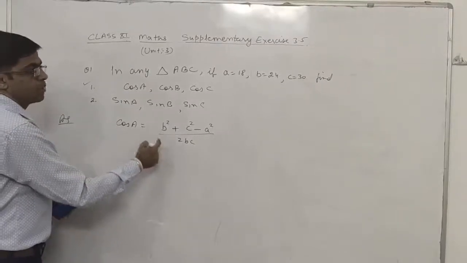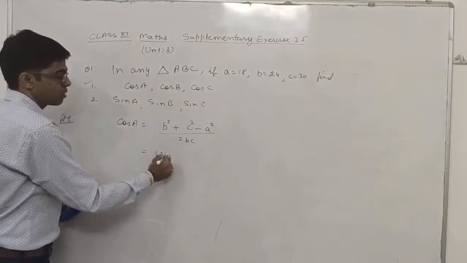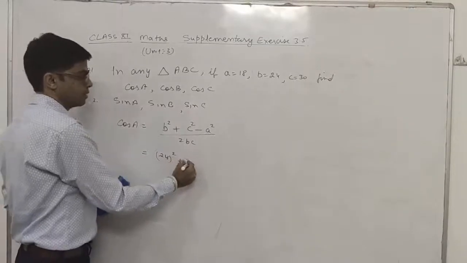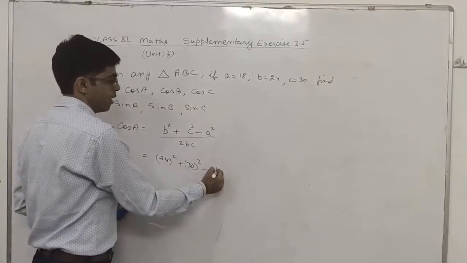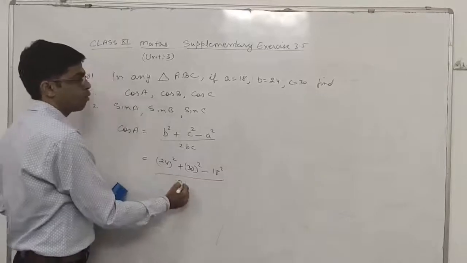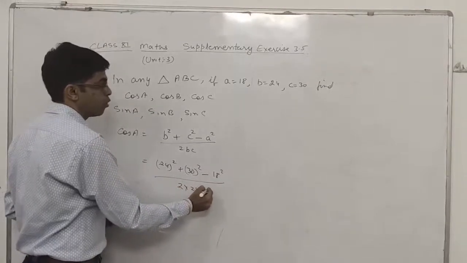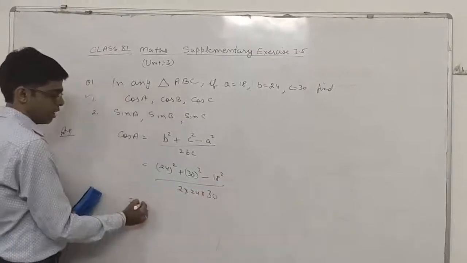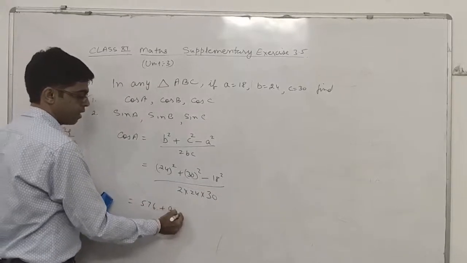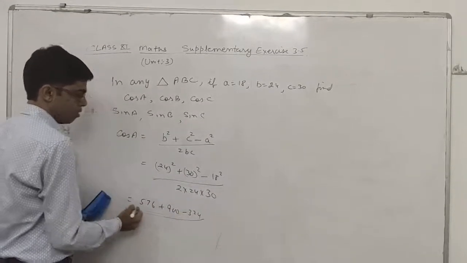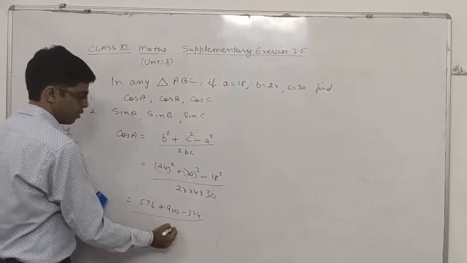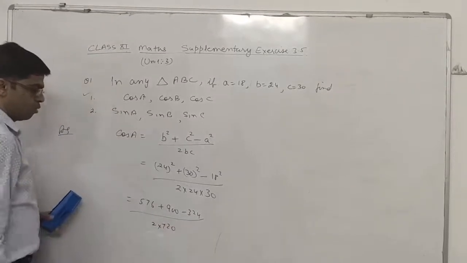Cosine law. So the value of b is 24, so 24 square plus 30 square minus 18 square upon 2 into 24 into 30. 576, 900, 324, 720 into 2.